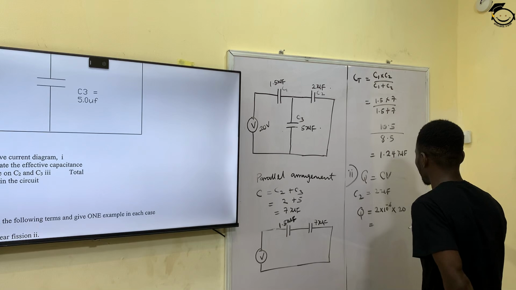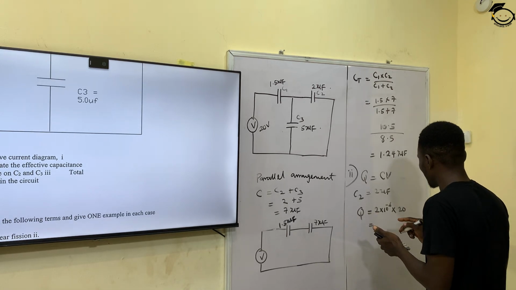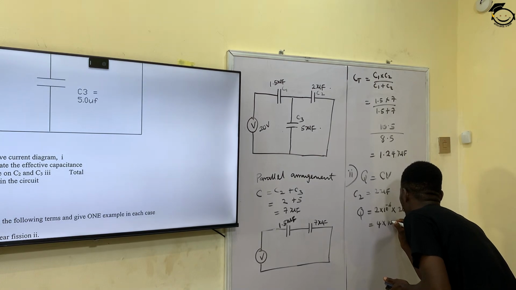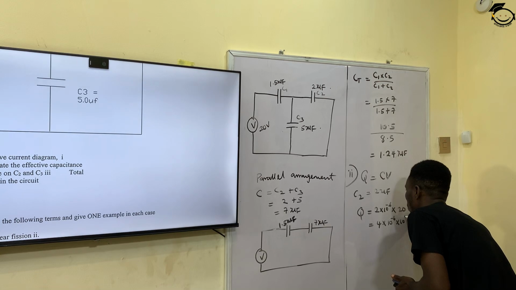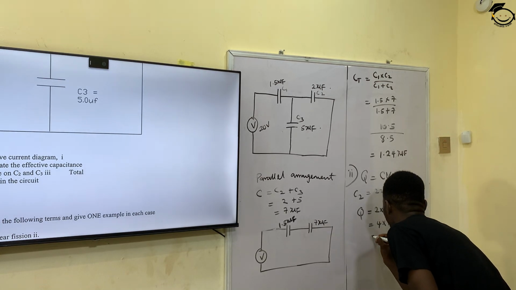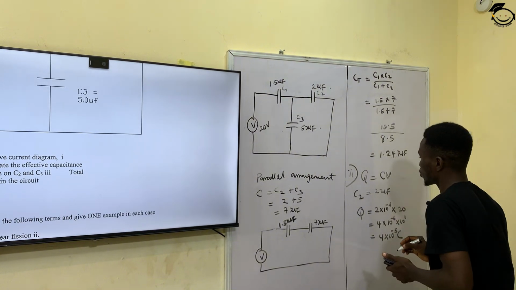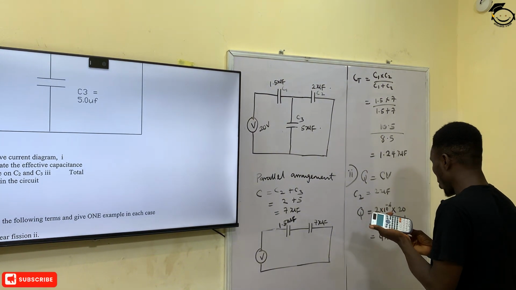This gives me 4 times 10 raised to power minus 6 times 10 raised to power 1, and that gives me 4 times 10 raised to power minus 5 coulomb. So that is for C2.